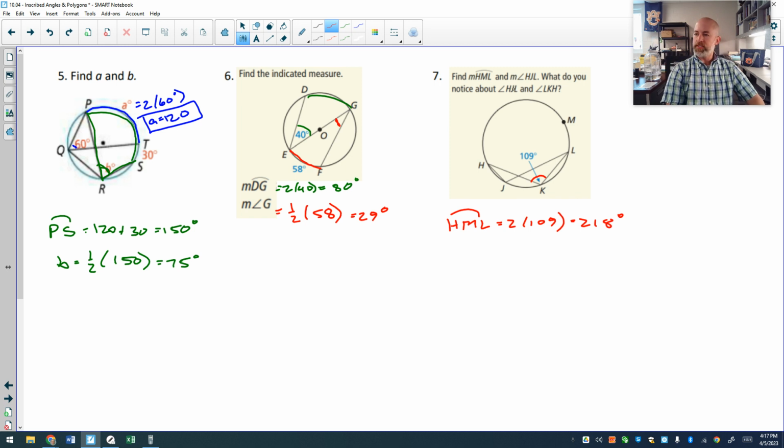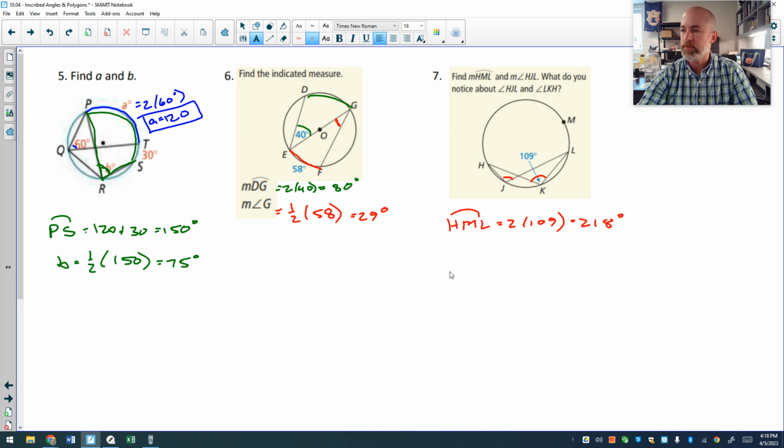What do you notice about HJL and LKH? So HJL is this angle, and LKH is the 109-degree angle. They both intercept the same arc. Therefore, those two angles are congruent. And for the purpose of speed, I'm going to type that one out because my writing is not always the best.